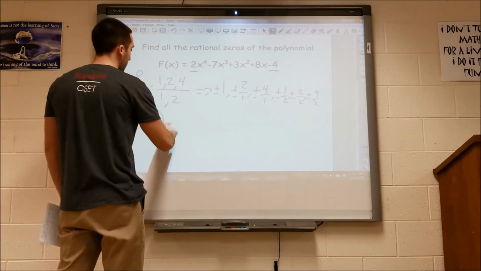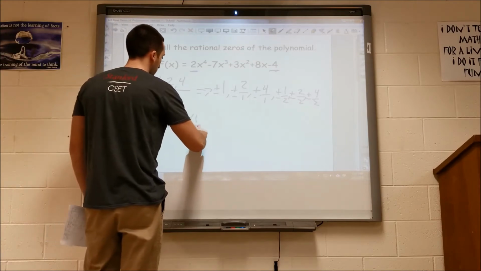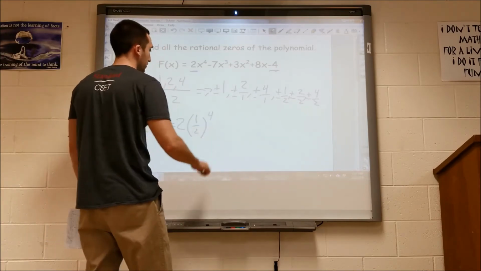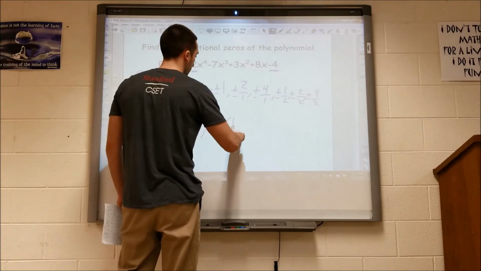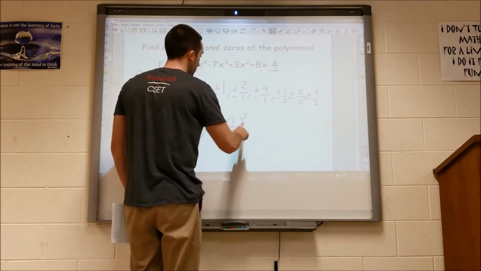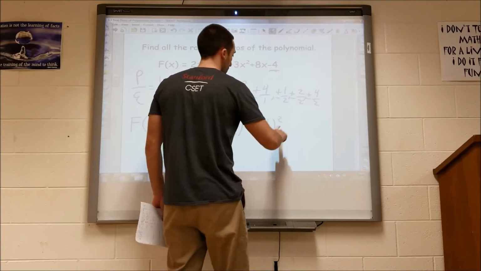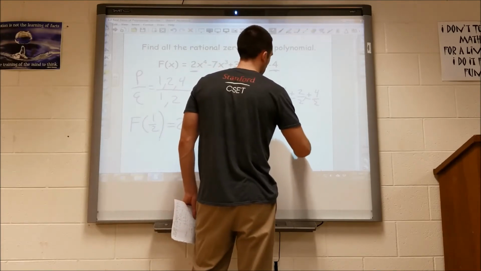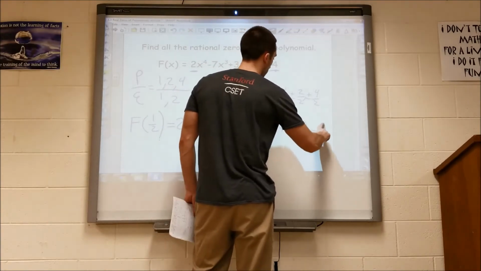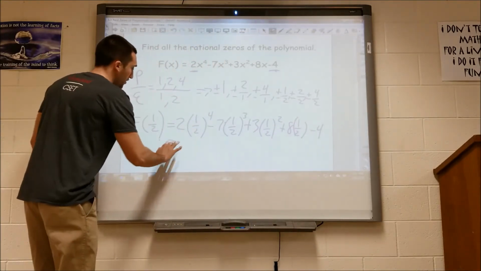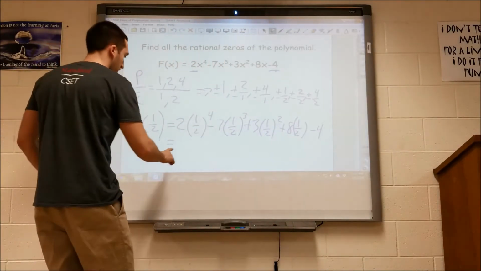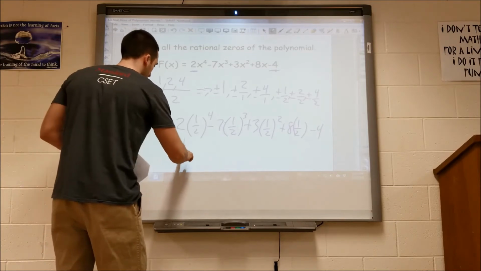When I plug a positive 1/2 in, I get 2 times 1/2 to the 4th minus 7 times 1/2 cubed plus 3 times 1/2 squared plus 8 times 1/2 minus 4. So let me simplify these just a little bit to give us what the decimal forms would look like.